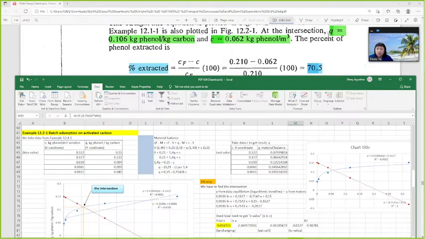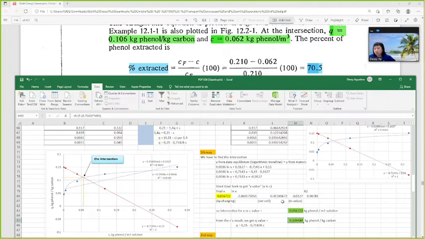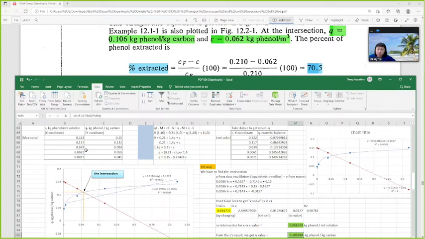Okay, here it is slightly different, maybe because of the accuracy of the equilibrium data.